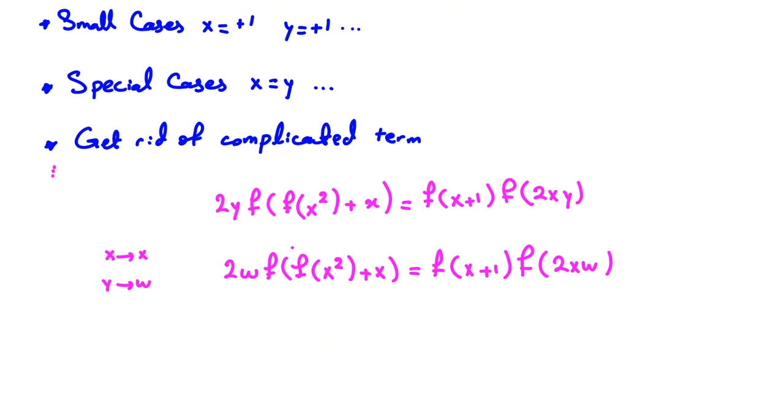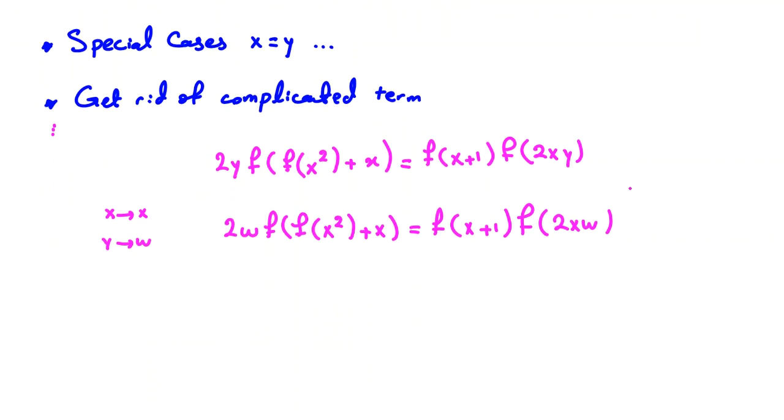Okay, now here, because they are positive integers, we can divide. And if we divide, this complicated term will be cancelled, 2 will be cancelled, we have y over w. And here f of (x plus 1) will be cancelled. It will be f of (2xy) over f of (2xw).